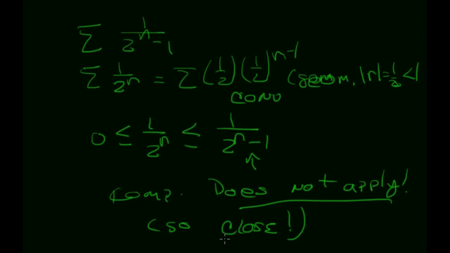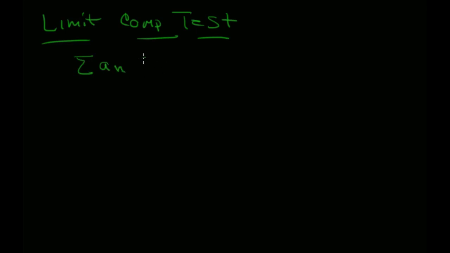Okay, so this brings us to the stepchild of the comparison test, which is what we call the limit comparison test. Okay, so the limit comparison test is a little bit different. It says that I have two series, a_n and b_n, and that these are always positive.